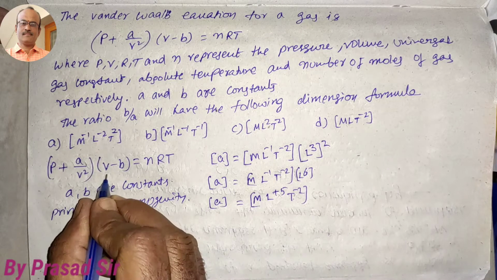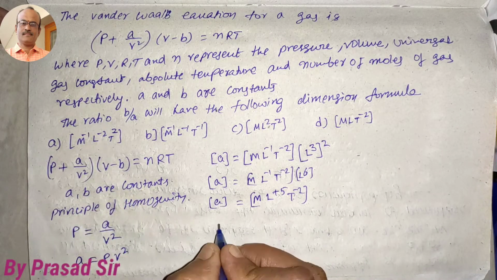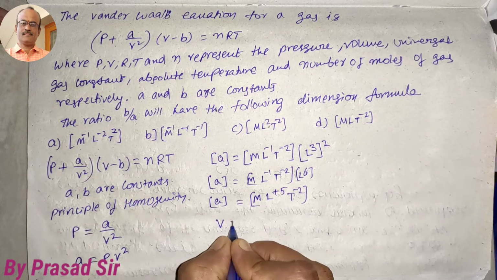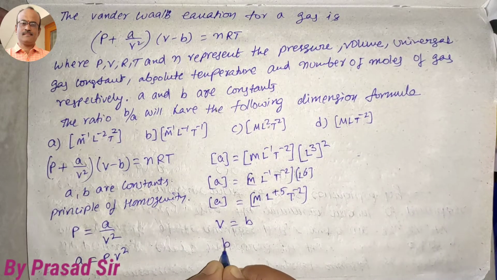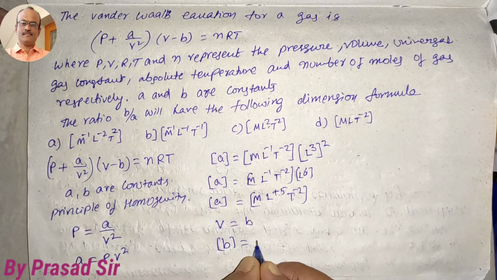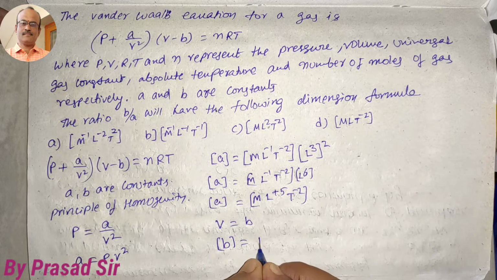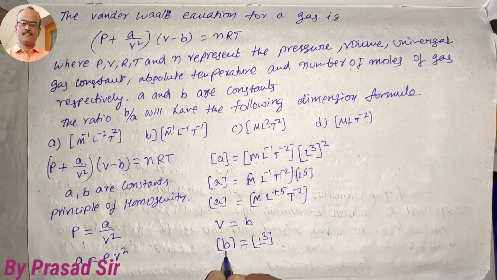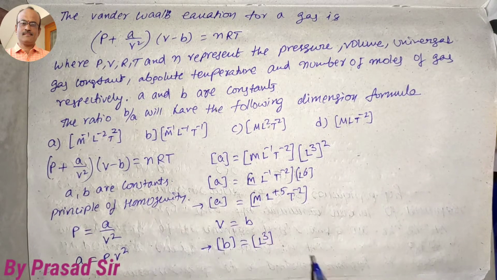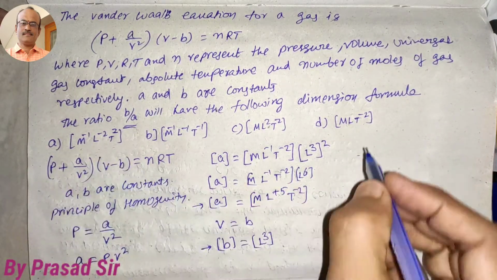But I want to find the dimensional formula for b. According to the principle of homogeneity, V is equal to b. So the dimensional formula for b is, here V is volume, that is L cubed. We got the dimensional formula for b and a. But here which one do we want to find? b by a.